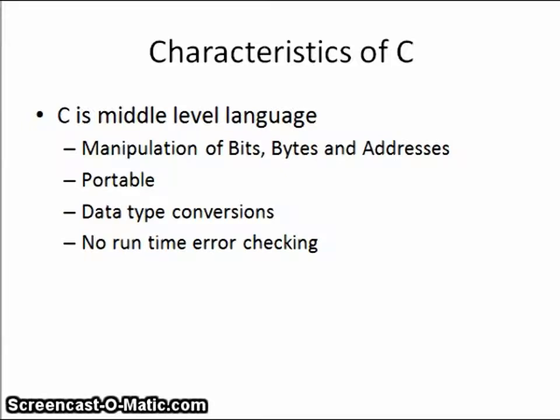That is why it is called flexible, and the reason for this flexibility is that it can manipulate bits, bytes, and addresses. In manipulation of bits, we mean that we can access a single bit in a byte, process these bits, modify these bits, modify the bytes, and write to certain addresses in memory.